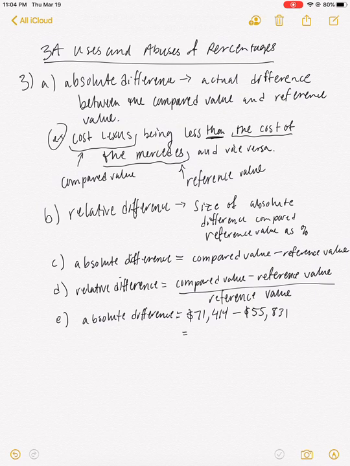I'm sorry, let me back up here. 55,583. Let me cover that down right. Good. And when we subtract those, our difference is 15,831. Okay. So that's our absolute difference.